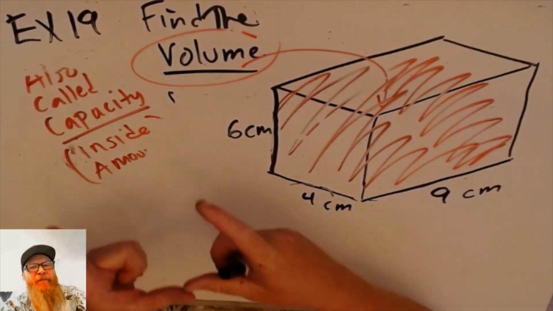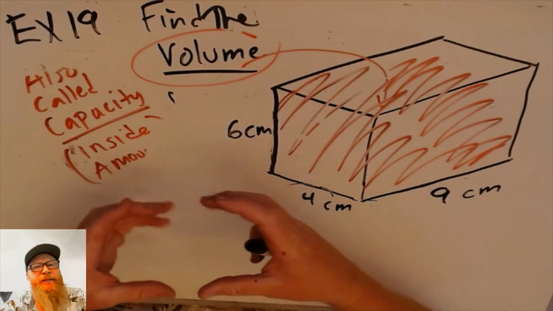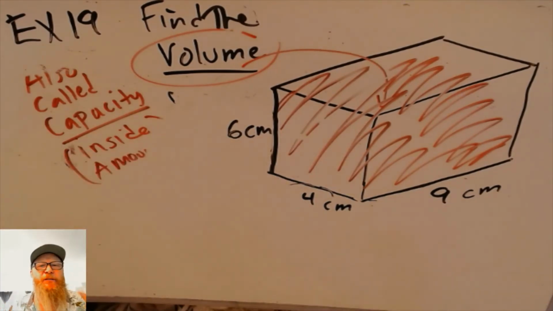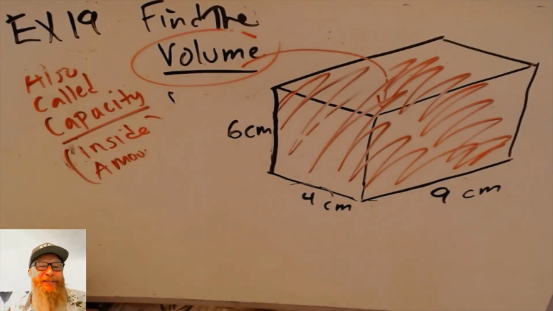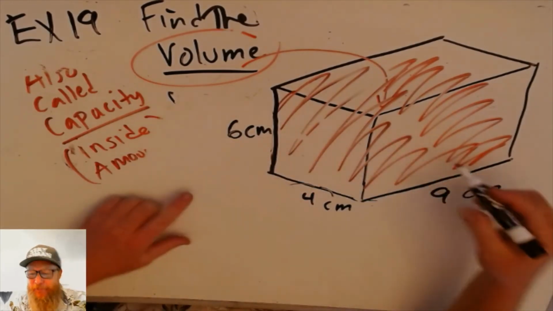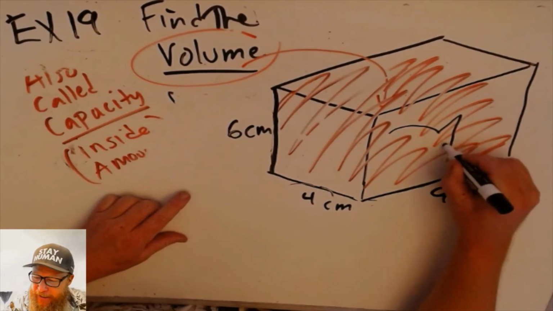So this is not very big. This would be, I don't know, a little teeny fish tank that sits on your desk. One of those tiny little ones, like you'd see at Petco or something. It's very small. It holds one fish. So you've got one fish swimming inside of here.